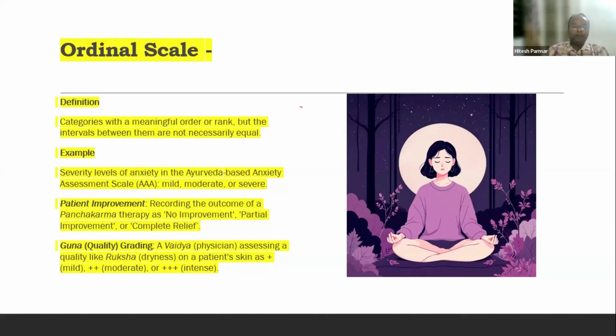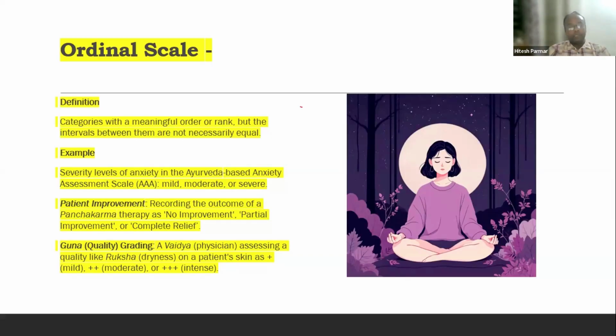Now there are three measures of central tendency. I am not going into detail, but there are three descriptive statistics: mean, median, and mode. All three are averages, but generally mean is more popular, so it is more associated with the word average. But actually mean is an average, median is an average, mode is also an average, right?